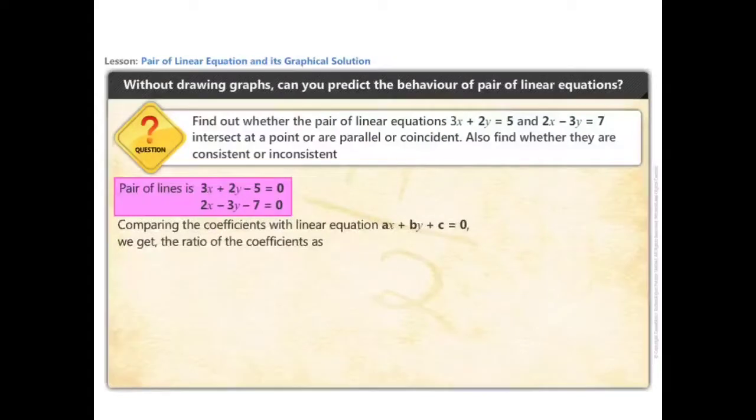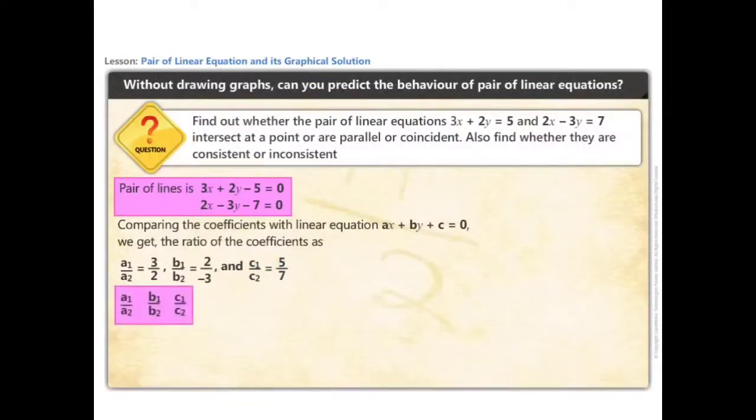Yes. To find this, let us compare the coefficients with the standard form of the linear equations ax plus by plus c is equal to 0. Taking the ratio of coefficients, we find a1 by a2 is equal to 3 by 2, b1 by b2 is equal to 2 by minus 3, and c1 by c2 is equal to 5 by 7.